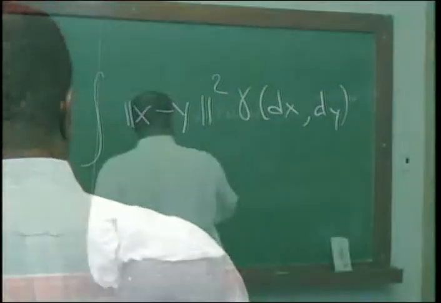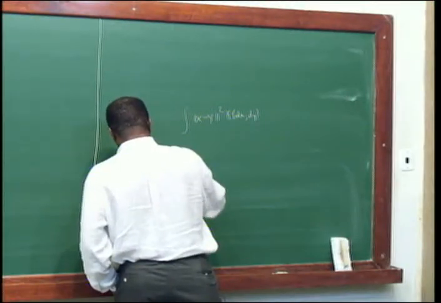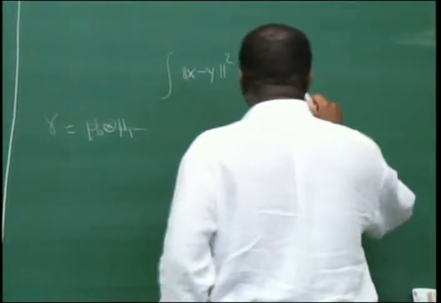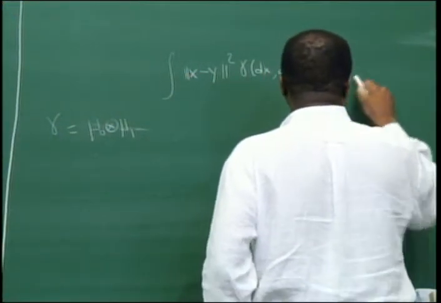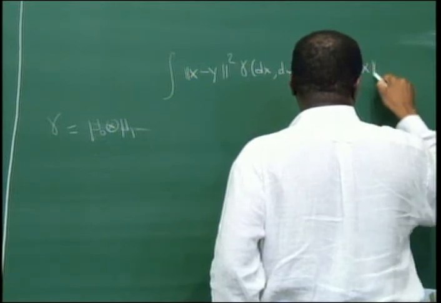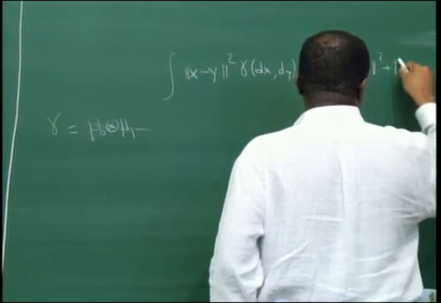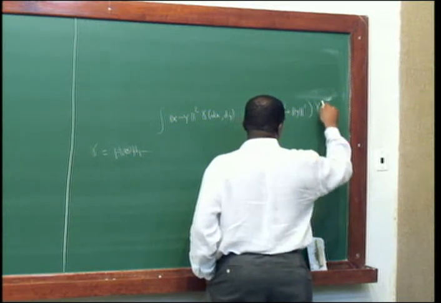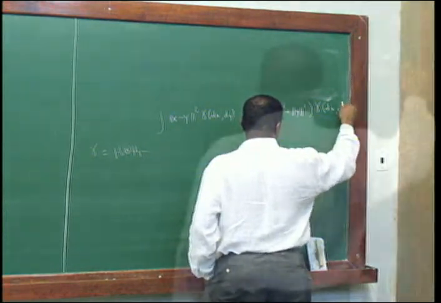But I can take gamma to be mu naught tensor mu 1. Then this is less than the integral of twice |x| squared plus |y| squared, gamma dx dy.